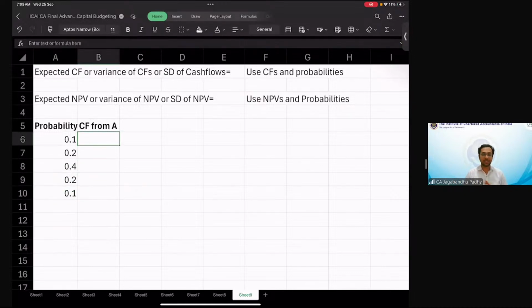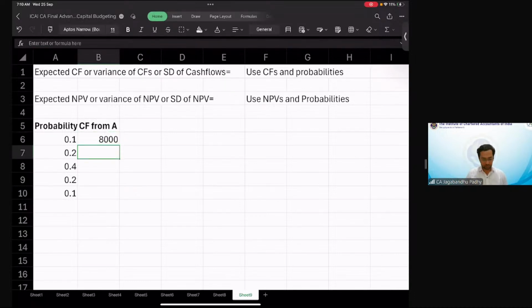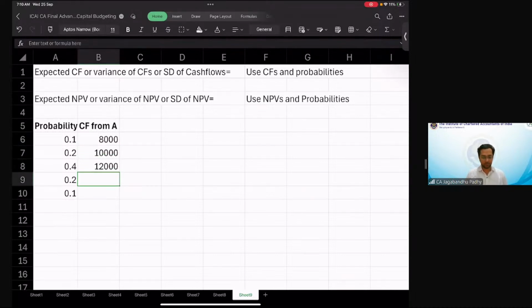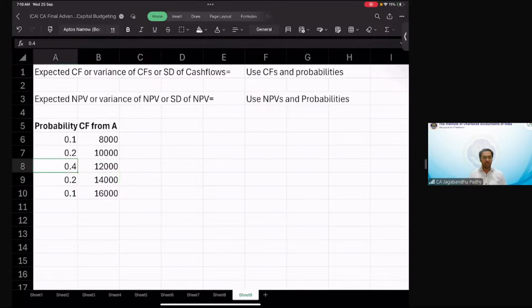And the cash flow that is expected from project A after a year is 8,000, 10,000, 12,000, 14,000, and 16,000.